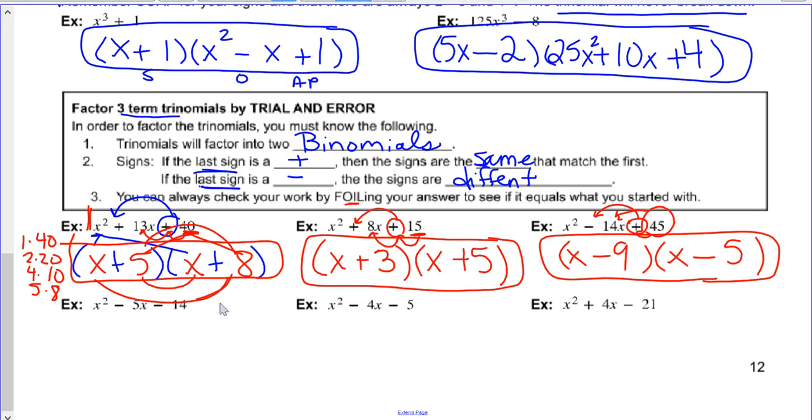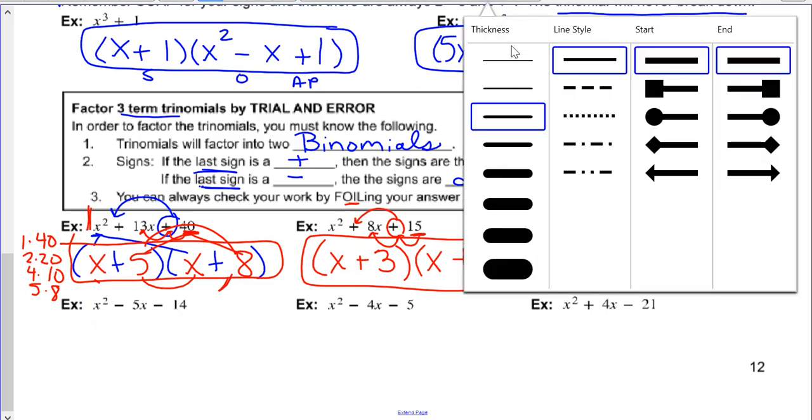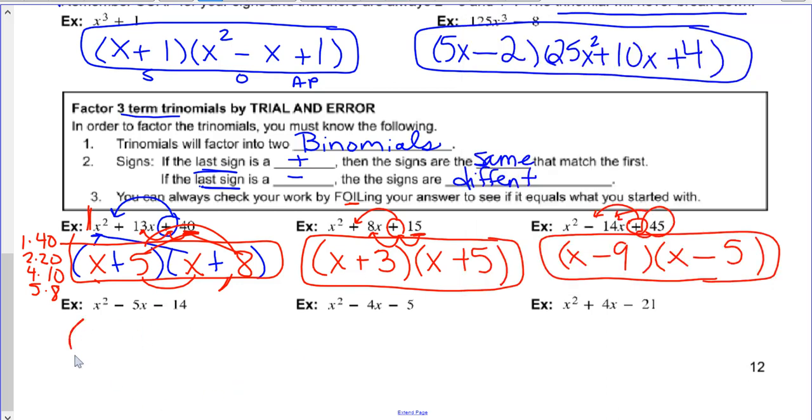Let's try this guy. Okay? Let's see. It's a little bit different because now if I look at my last sign, it is going to be a minus this time as opposed to the pluses that we've seen previously. The last sign is a minus, so they are different according to our rules up here.